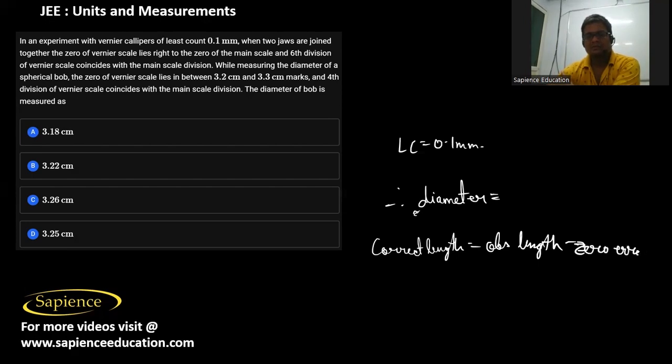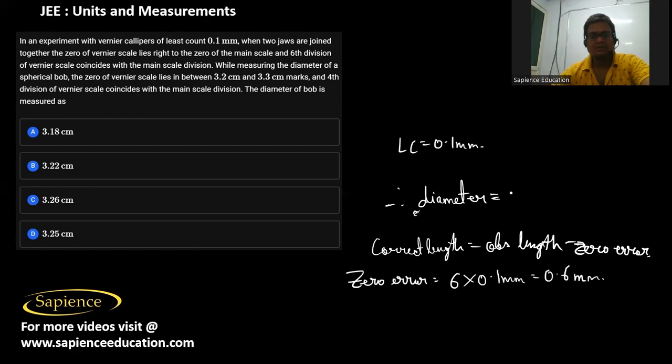zero error. So here the zero error is 6 into 0.1 millimeter, that is 0.6 millimeter, and therefore the diameter, the observed length, will be equal to the main scale reading, that is 3.2 centimeter or 32 millimeter, plus the fourth division of vernier scale coincides.